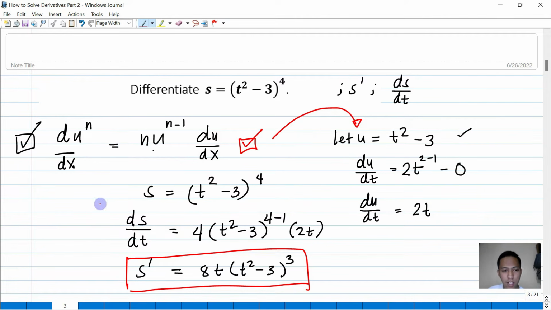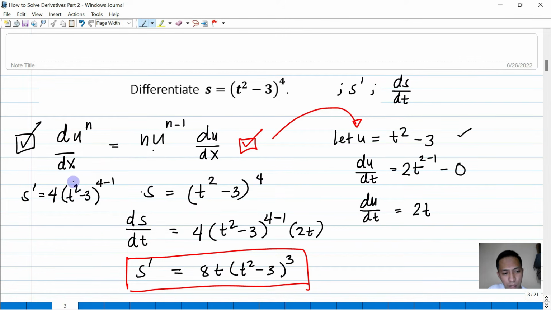So automatic dito ka na. So i-differentiate mo na lang diretso yung problem. It's like this. So we have s, so that is s prime, derivative niya. And for this, we have 4, bring down 4. And copy the inside function. So that's the step. Copy the inside function, t squared minus 3. Subtract 1 to the exponent, so that becomes 4 minus 1.